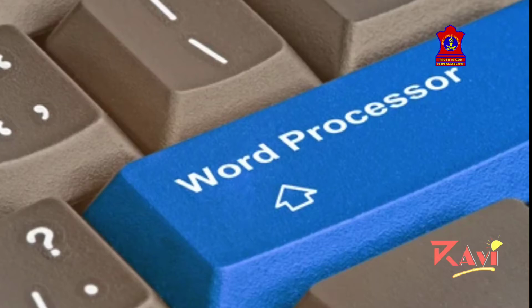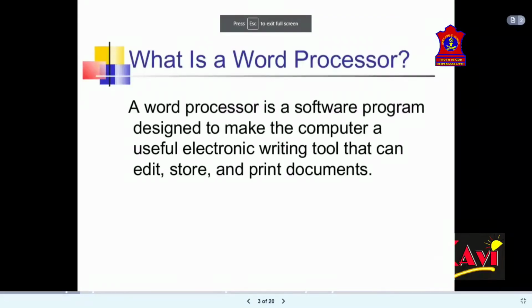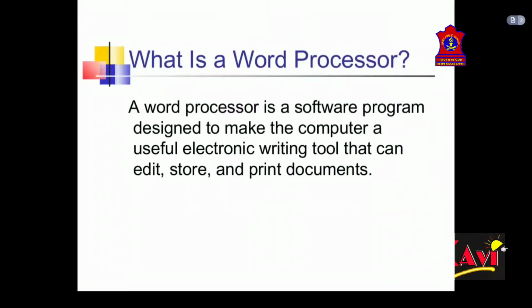So first of all, what is a word processor? A word processor is a software program designed to make the computer a useful electronic writing tool that can edit, store and print documents.